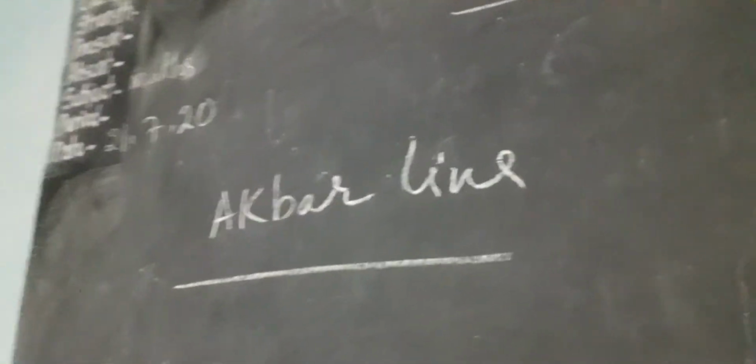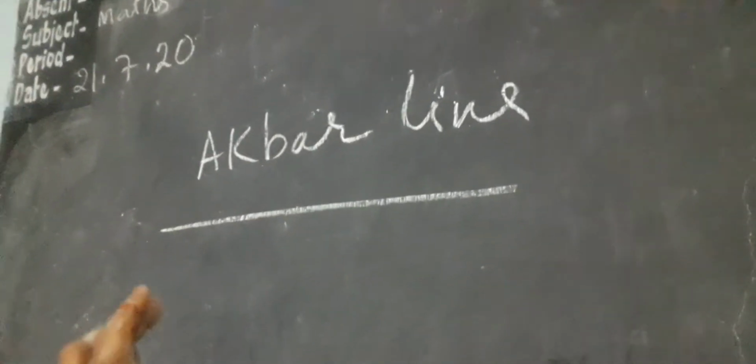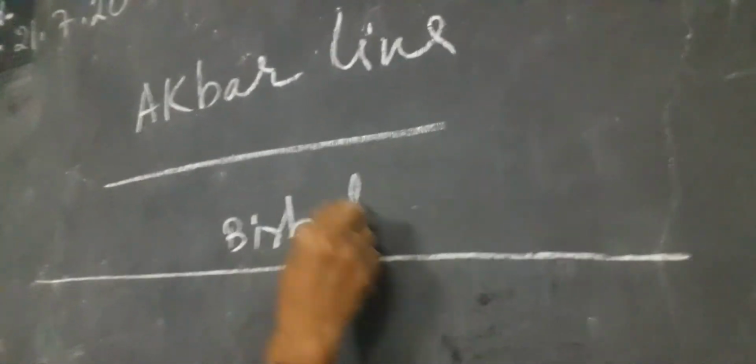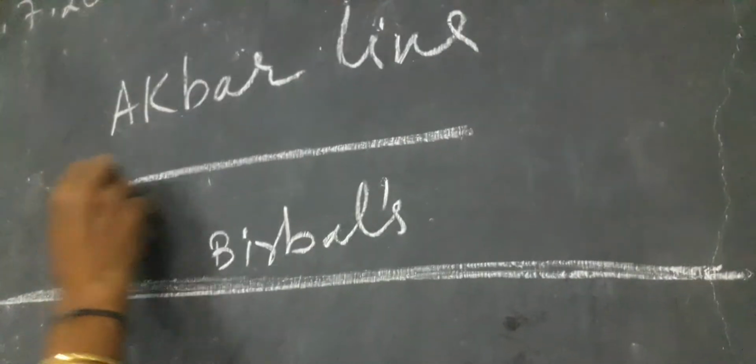He asked Birbal to make it short without erasing. Then Birbal drew a bigger line, which made Akbar's line shorter. This is Birbal's line. This line is longer than Akbar's, so Akbar's line is shorter.